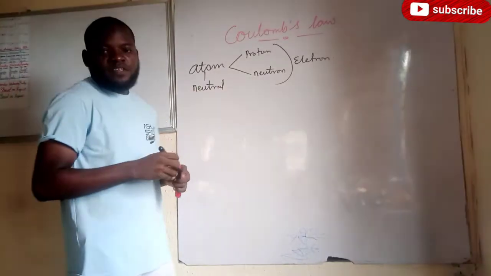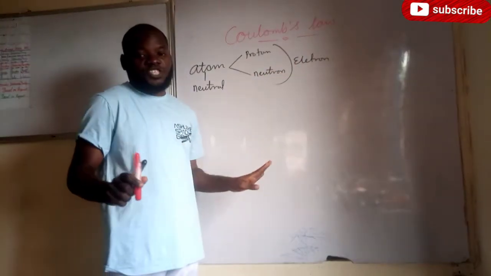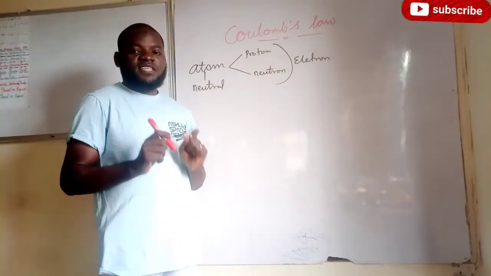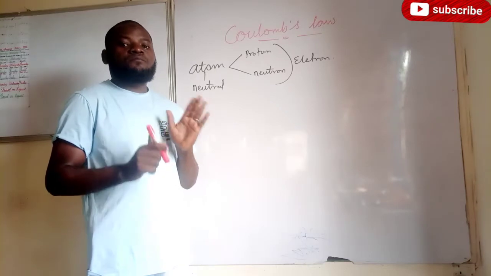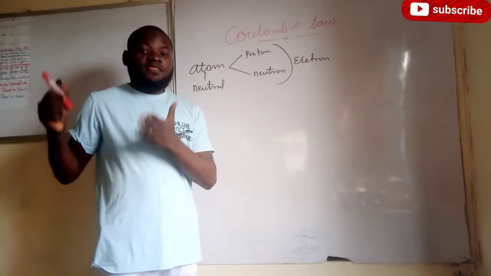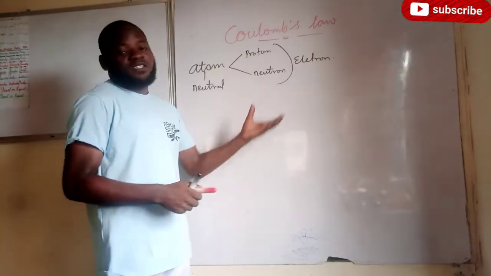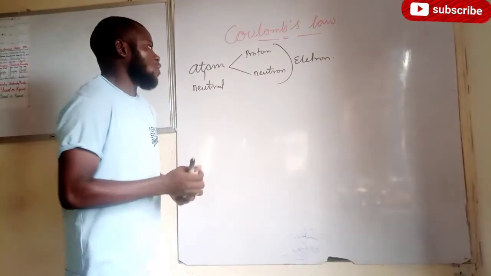So if an atom is electrically neutral, does that mean that all these particles have no charge? No. They have charge, but because the number of positive is equivalent to the number of what? Negative. That is what makes it electrically neutral. Now, which is positive, which is negative? This is what we know before.